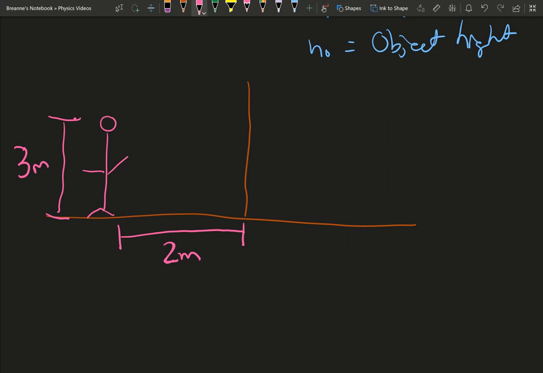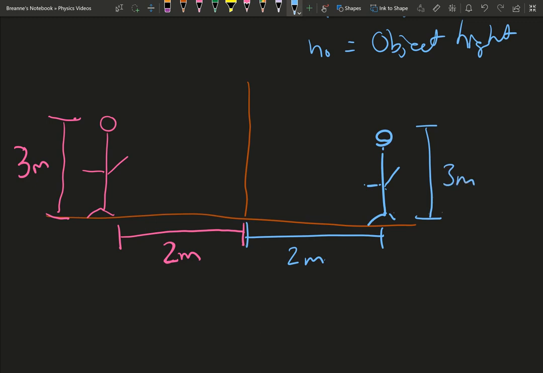For a plane mirror, because there is no curvature, there is no focal point, all that fun stuff. For just a plain old mirror, your distance is going to be 2 meters, and your height is going to be 3 meters.